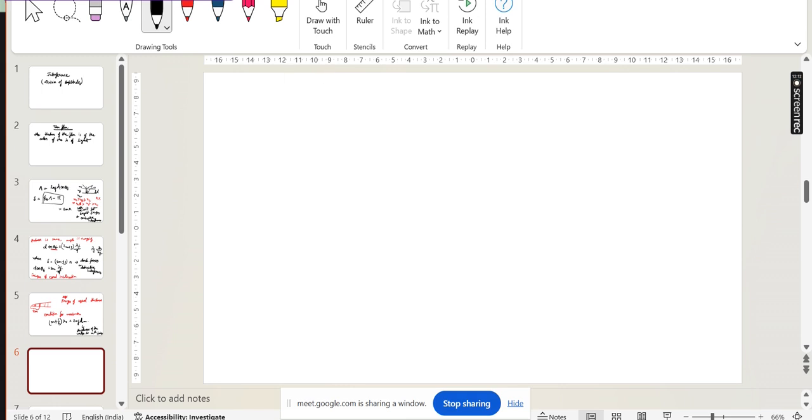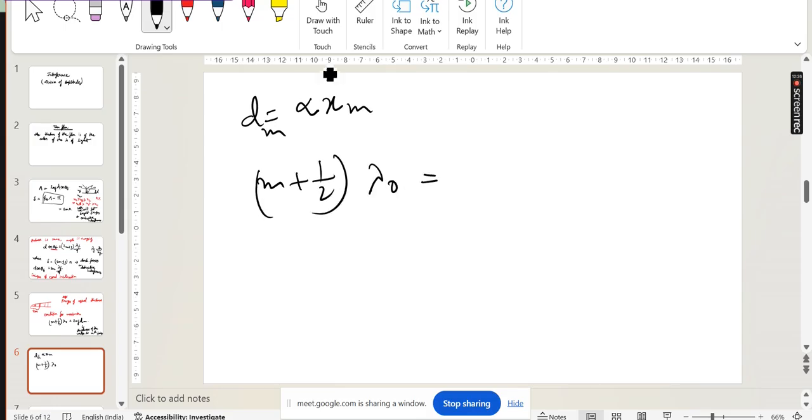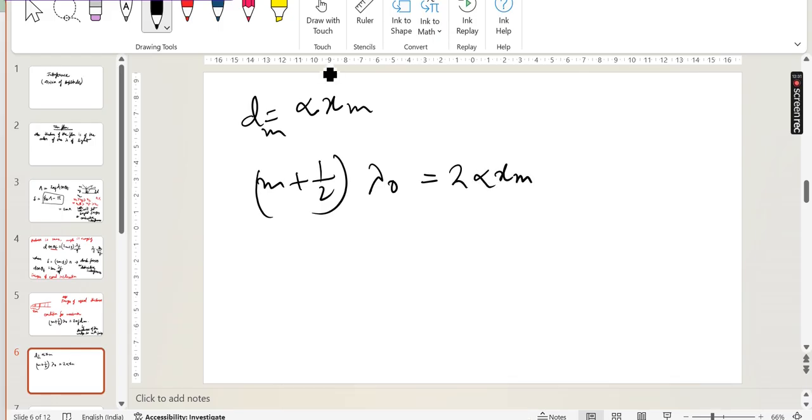Also we can write d as alpha times xm. So dm is alpha times xm, and the equation becomes (m plus half) lambda naught equal to 2 alpha xm nf.